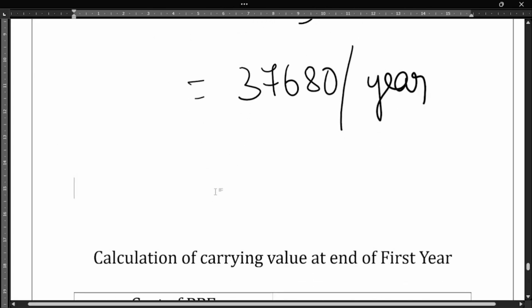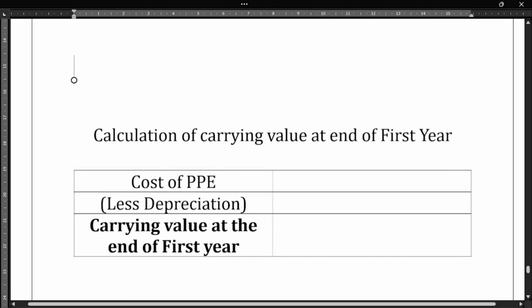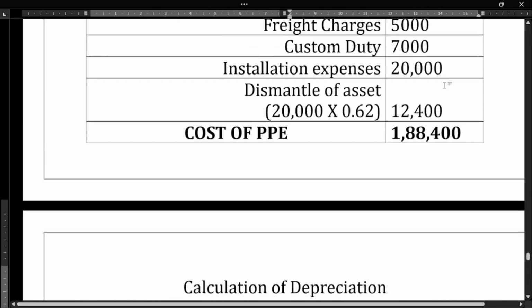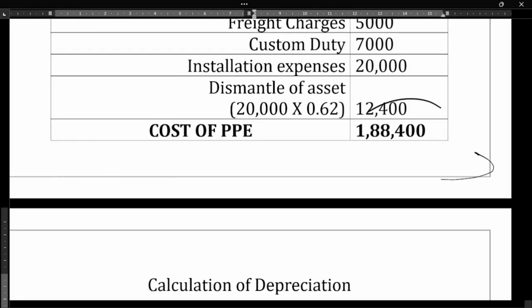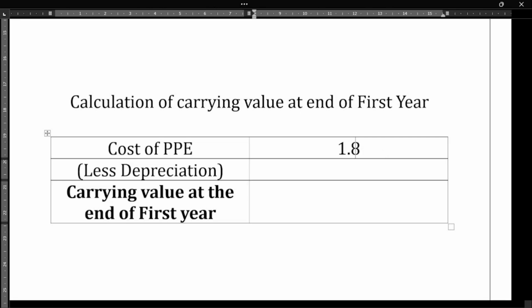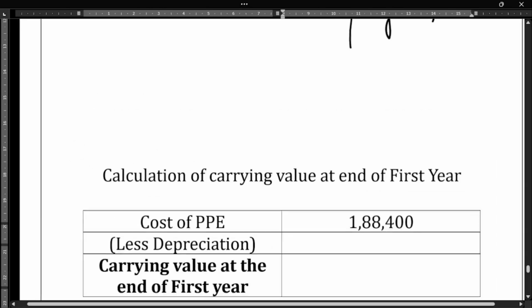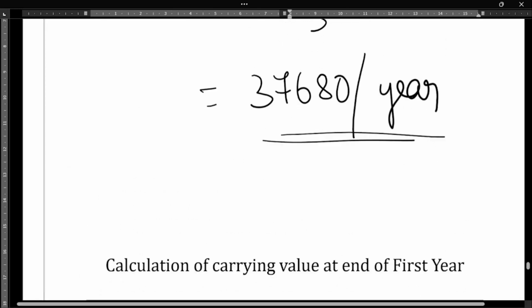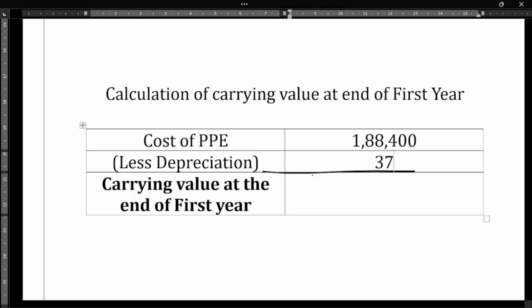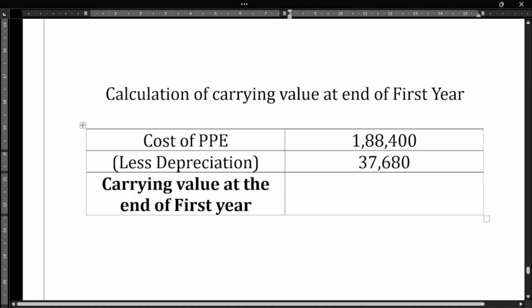Next step, we need to calculate the carrying value at the end of the first year. The cost of PPE is 1,88,400. The depreciation for 1 year is 37,680.